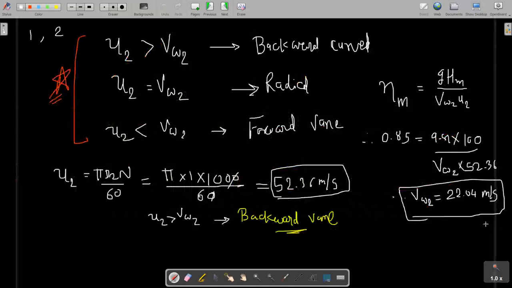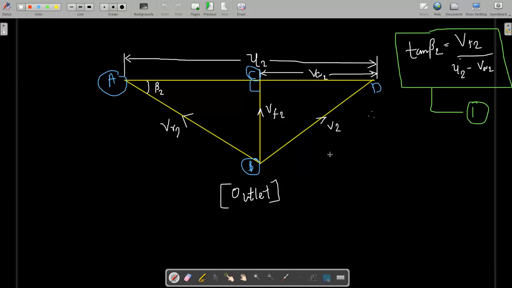Now we have all of this, so put this in equation 1. Tan beta 2 will be VF2, which is 5.62, divided by U2, which we have already found as 52.36, minus VW2, which is 22.04.